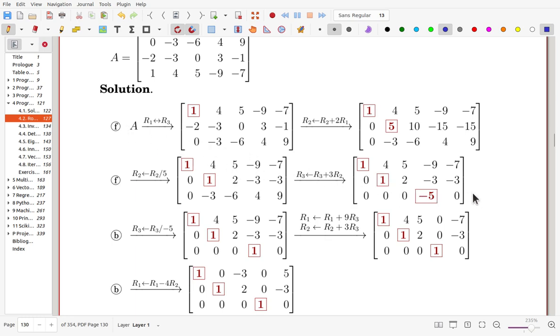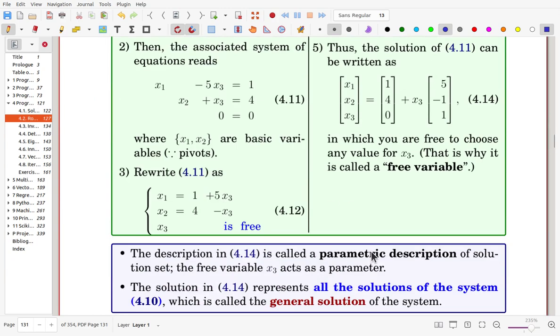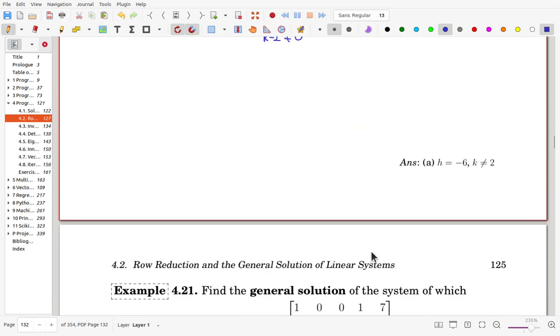This combination of operations is the forward phase. After that, the elimination of the other entries in the columns of leading ones is called the backward phase, because these non-zero entries are usually eliminated in backward order. So it is called the backward phase. Okay, so the last statement is true.